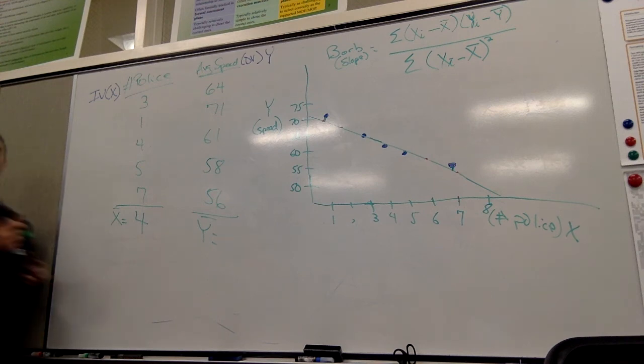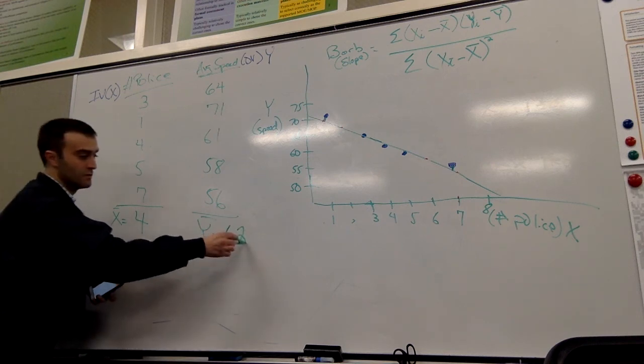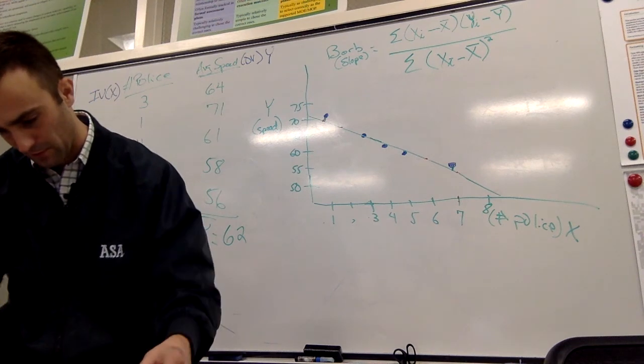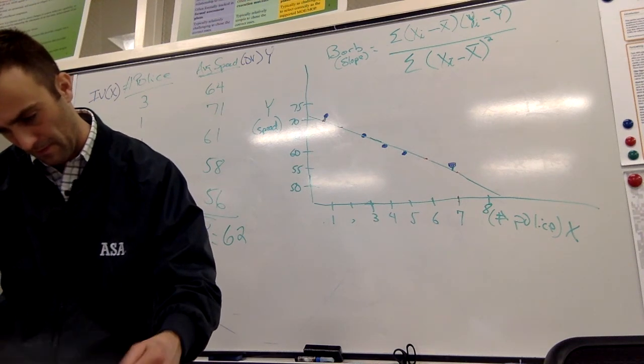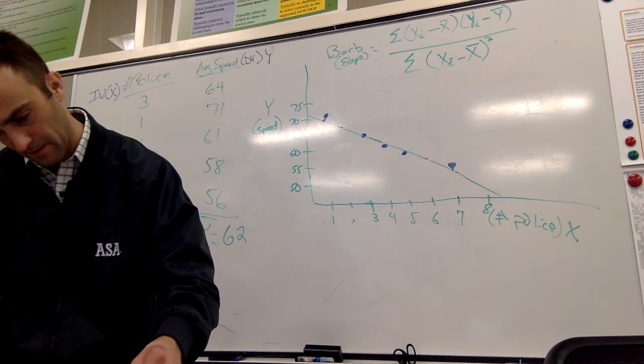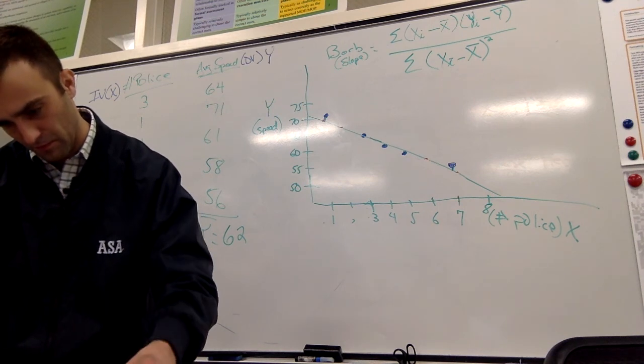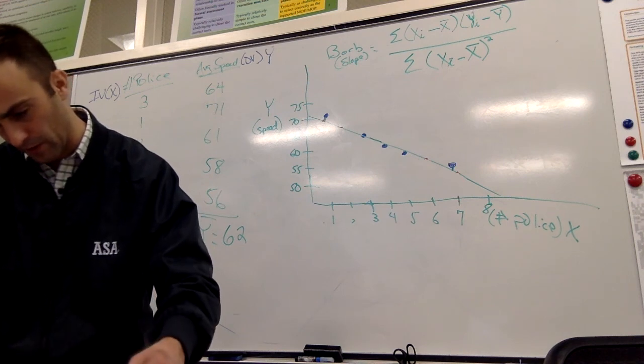Yep. 62, y bar, the average value of y. I think they even did it in the book later in the chapter. You good on that one?